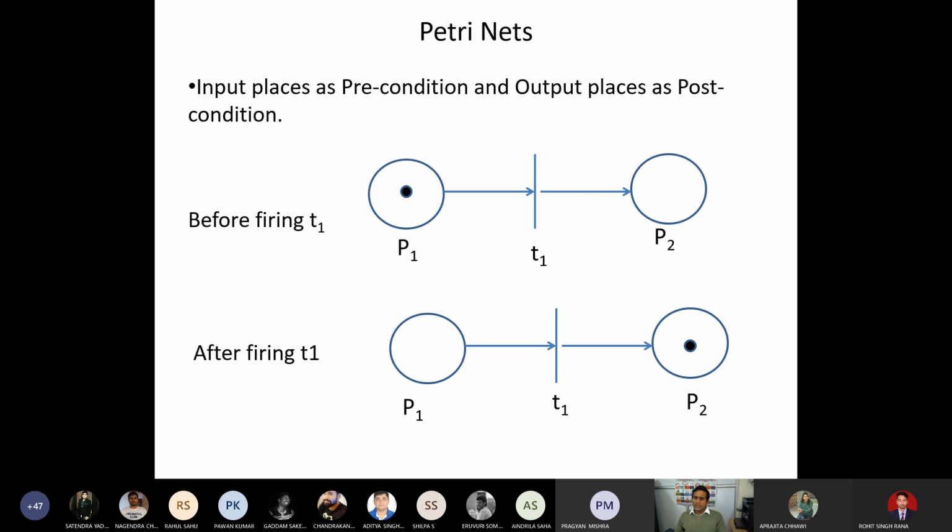Once T1 is fired, the processing is carried out and the token is added onto the output place. Before firing T1, the token is with P1. After firing T1, the token is with P2. This is the way it works. Now we'll see the next slide.